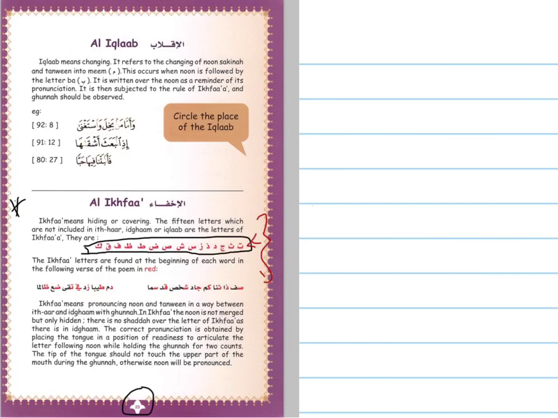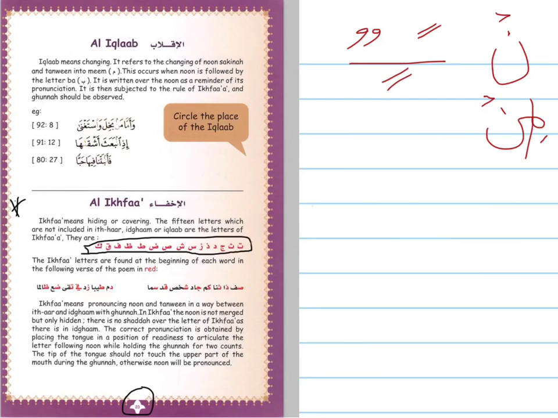you must apply Ikhfaa. So, what is Ikhfaa? Well, think about what we've said so far. The Noon Sakinah or the Tanween, they both contain an N sound, don't they? So Min is a word, and there's an N sound there.